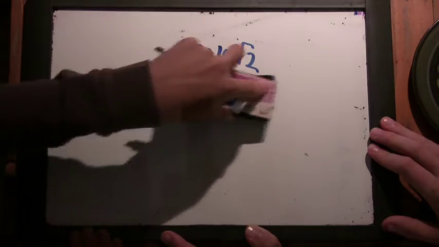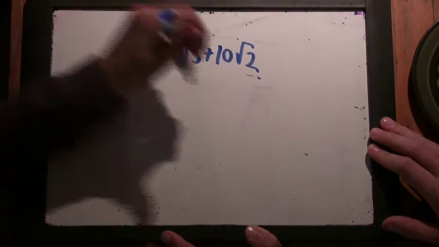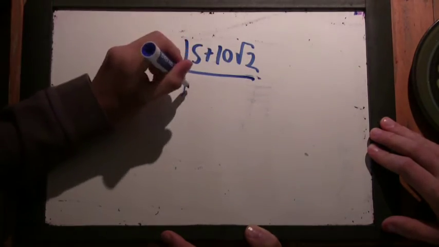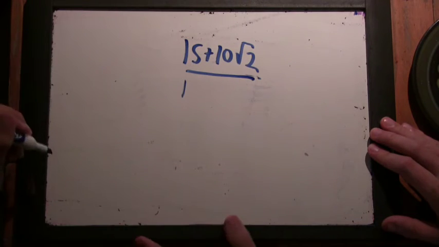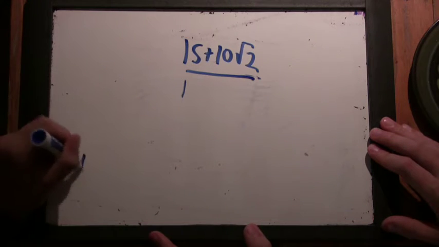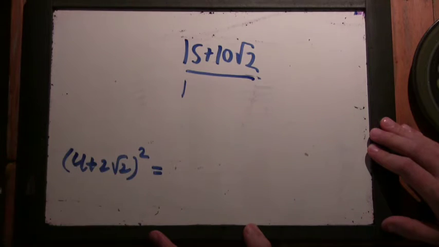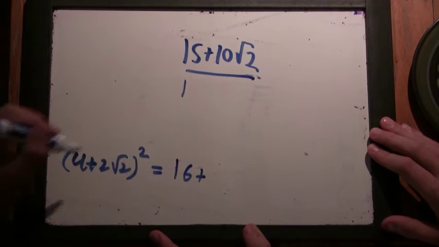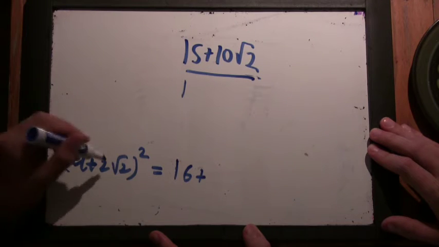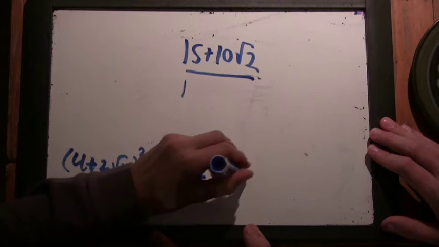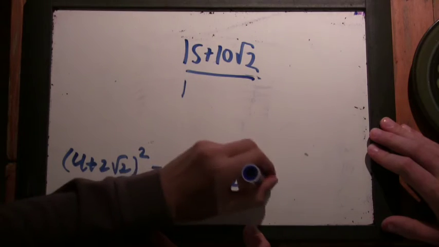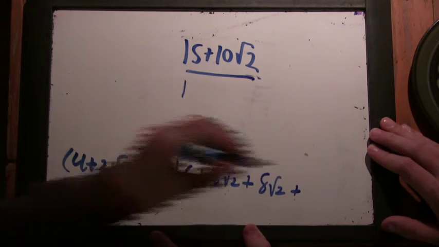So 4 plus 2 root 2 squared is... Would you actually write it out rather than doing it in your head? So 16 plus 8 root 2 plus 8 root 2 plus 8.